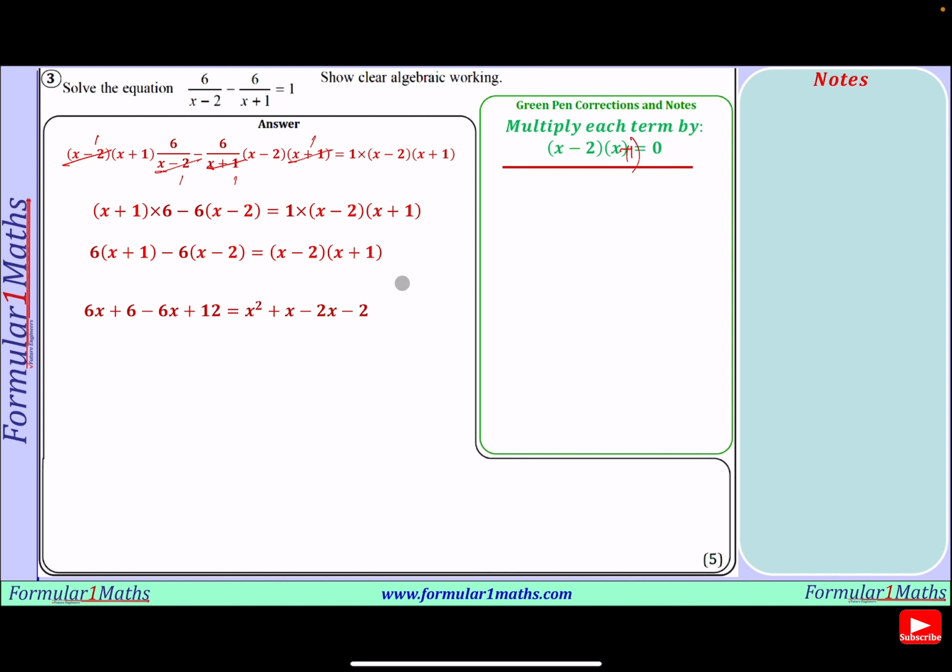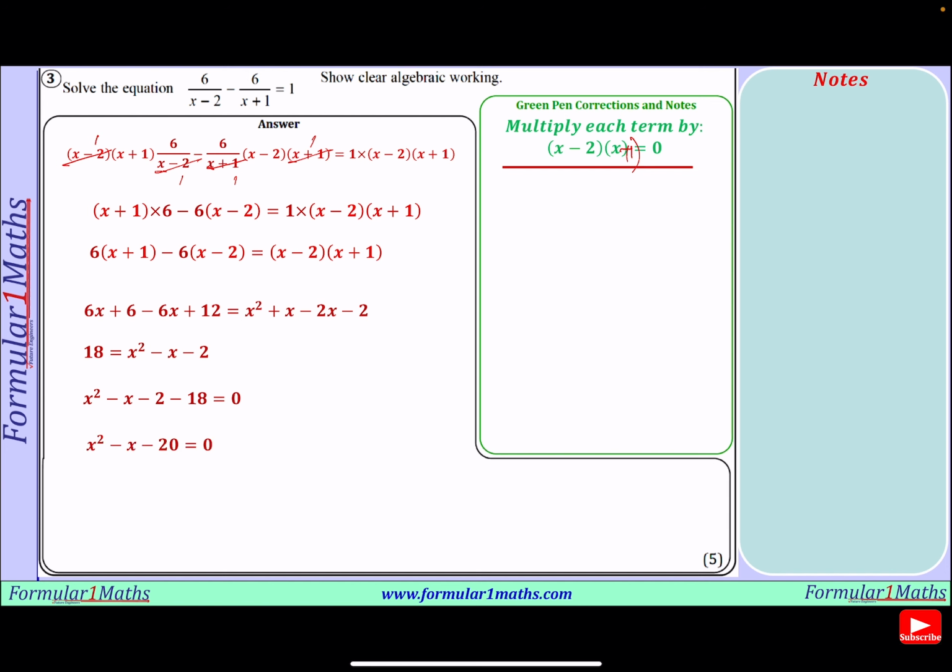Then we will bring like terms together to get this, because 6x minus 6x is 0, 6 plus 12 is 18, and x minus 2x is minus x, and so on. Then we do some transposition to get that.